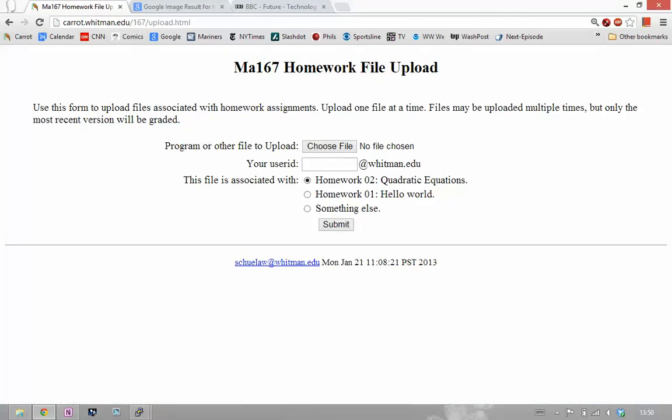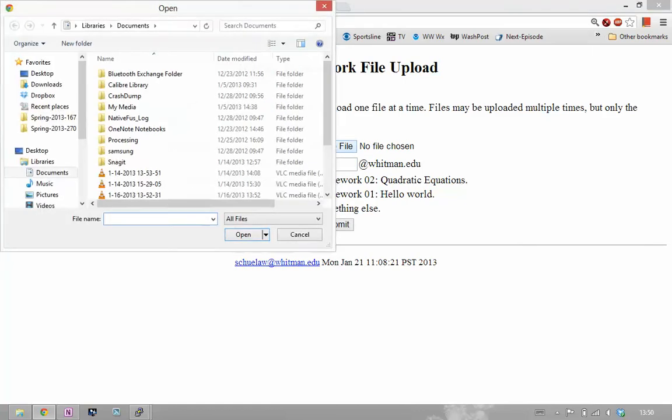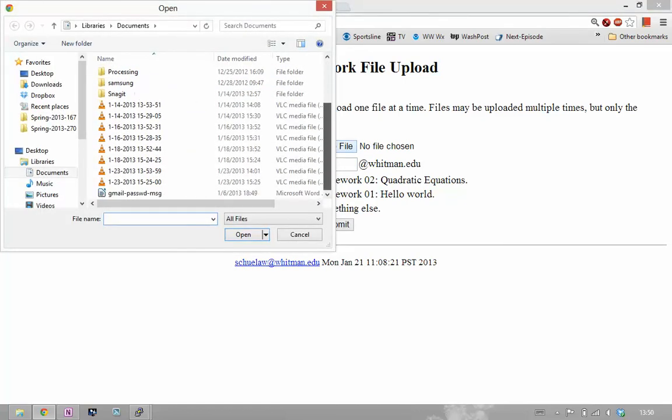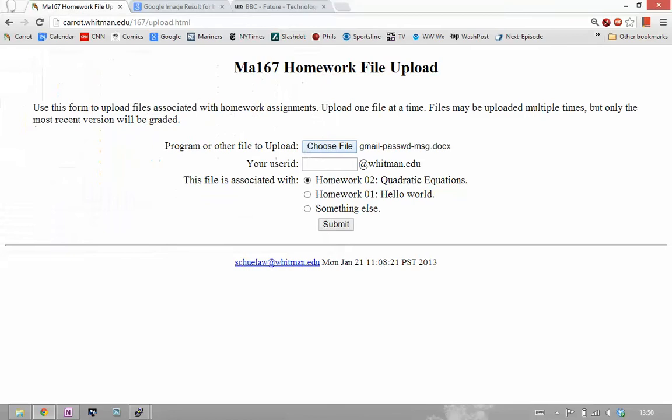It looks like this, which is definitely nicer looking than the Lynx version. And one nice thing about it is it has this choose file thing, which lets me browse and find a file that I might want to upload. And because of this choose file browser, there are never typos in the file name.